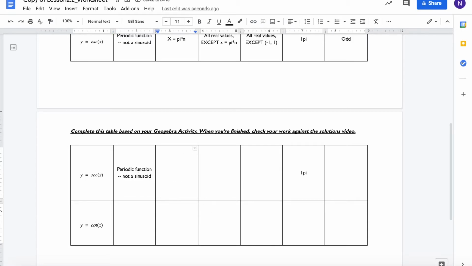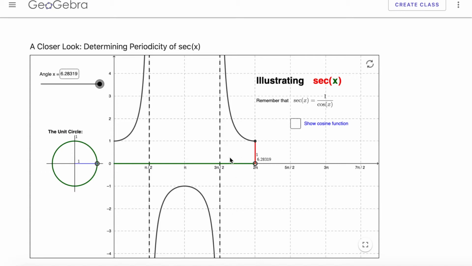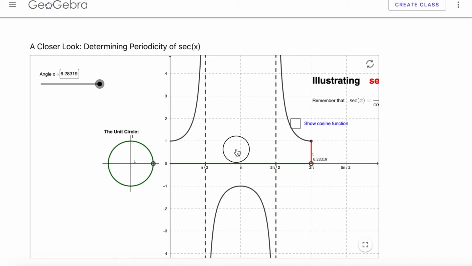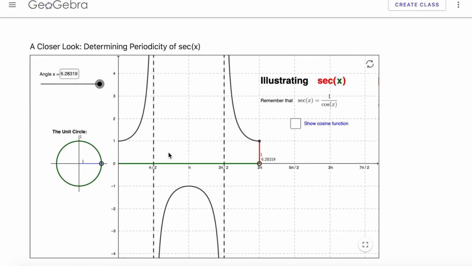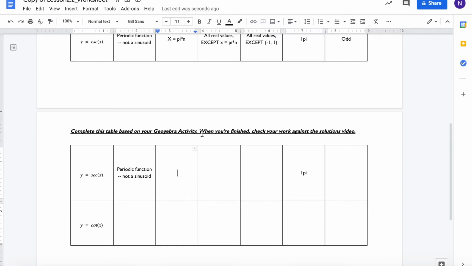Okay, so let's try to determine what our generalized asymptote formula would be. That was a bad sentence, but you know what I mean. Let's try to generalize the formula for finding the asymptotes of secant of x. If I'm trying to establish a starting point, I might just start at pi over 2, because that's the first boundary line that I see.